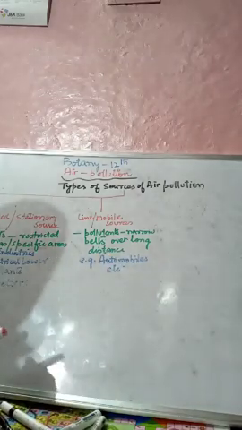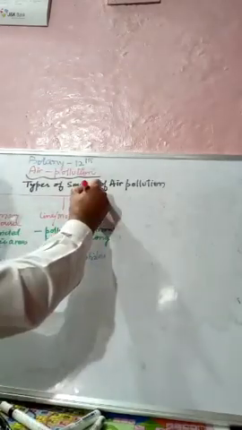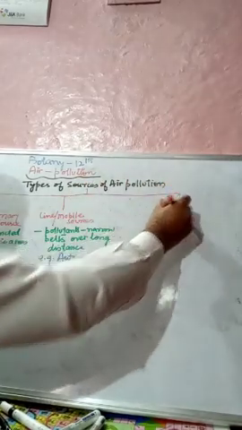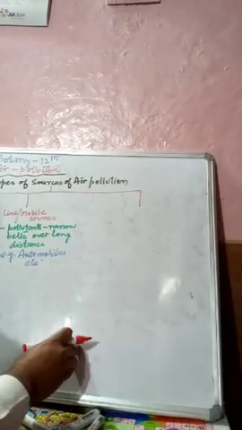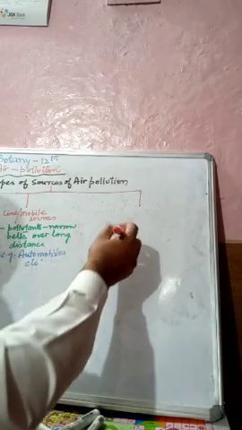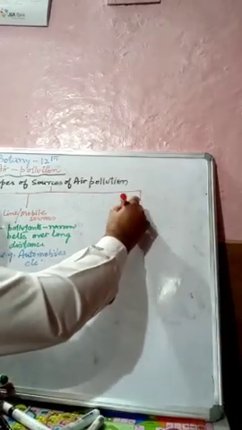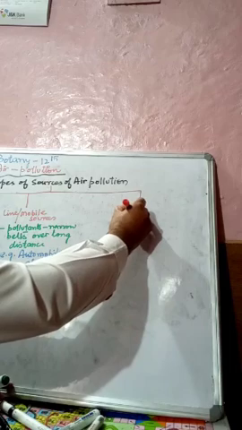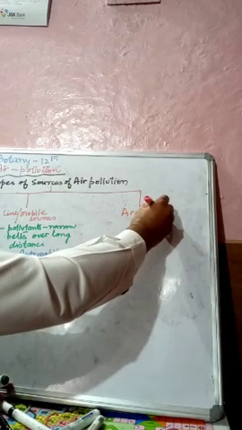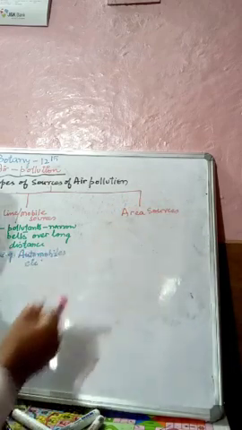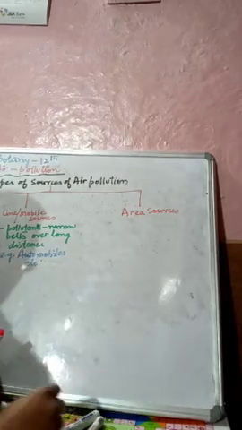The third source of air pollution is the area source. What does this type of source do?